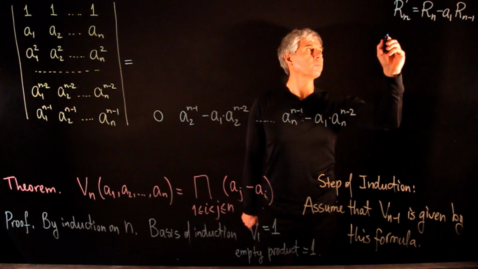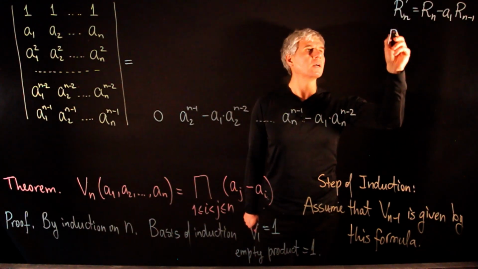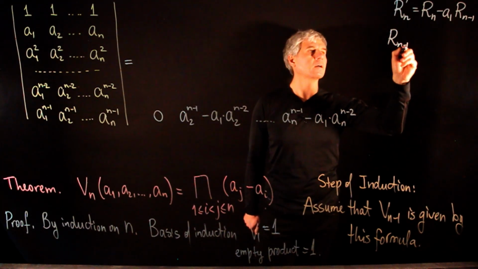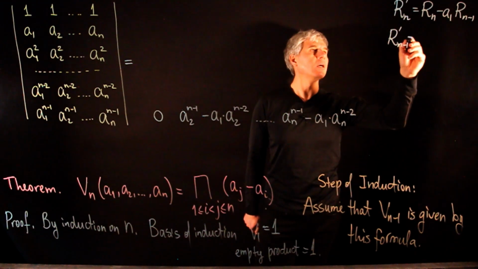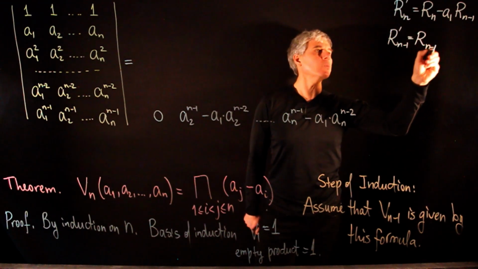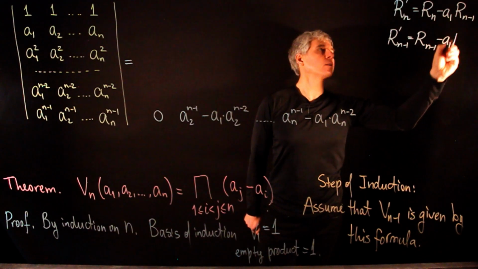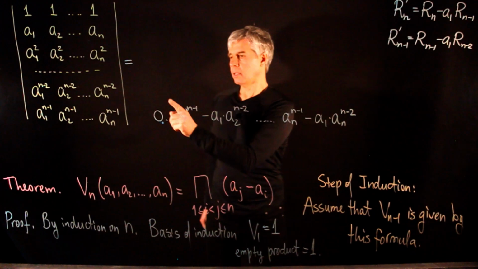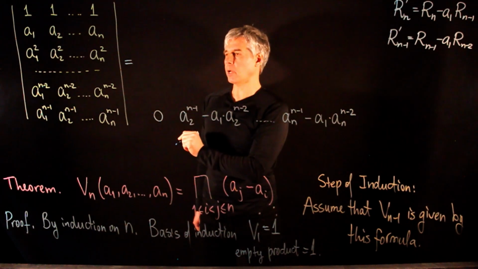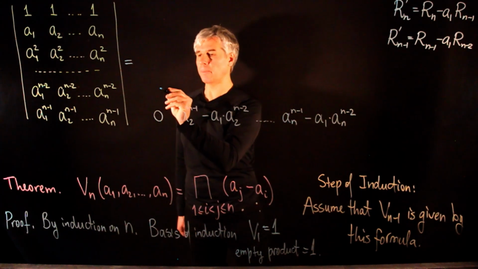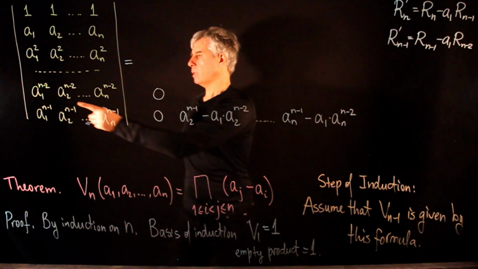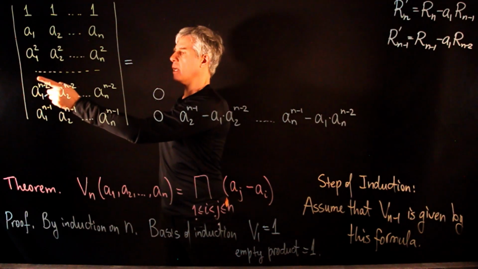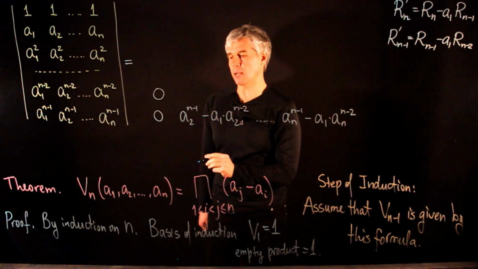Next, we're going to apply an elementary row operation to the n minus first row. We say row n minus 1 new is row n minus 1 minus a1 times row n minus 2. And again, in the first column, we're going to get 0, because here we will get a1 to the n minus 2 minus a1 times a1 to the n minus 3.